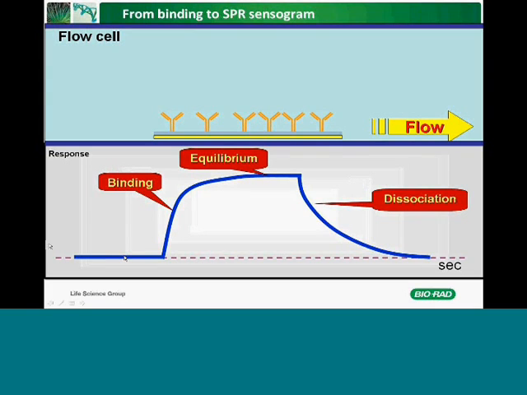But to extract reliable kinetic binding constants, you need to have several sensorgrams coming from different analyte injections. Like any assay, you need several data points. So usually what is done in the SPR instrument is to inject different analyte concentrations.